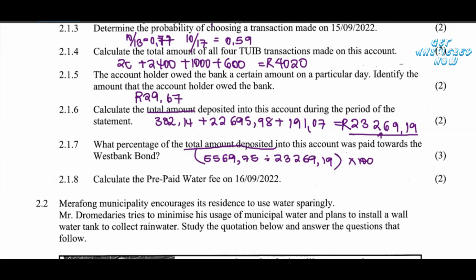So 5,569.75 divided by 23,269.19 times 100. So the percentage there is 23.